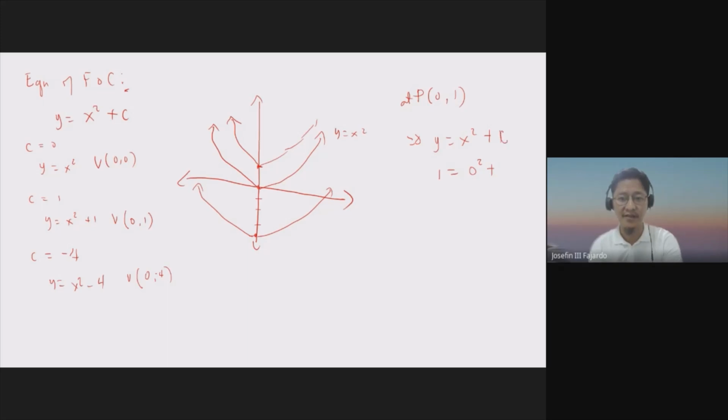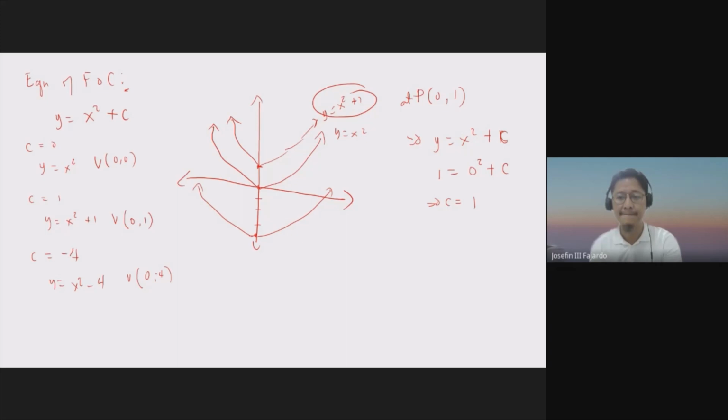Sorry, plus c. So notice that c here will be equal to 1. So the specific curve we are considering is y equals x squared plus 1. This is also what we are looking for.